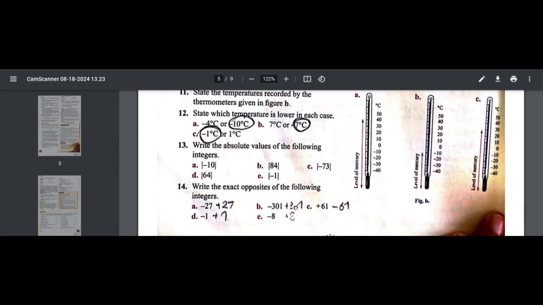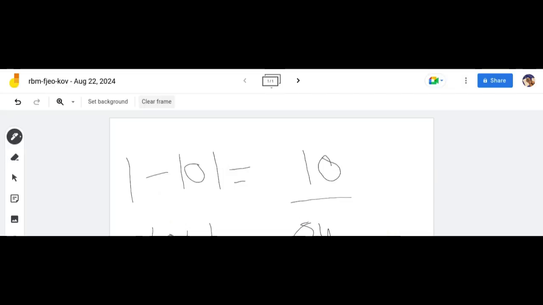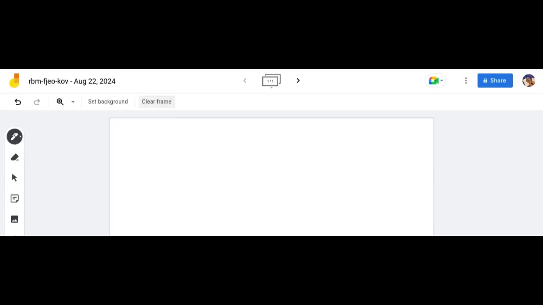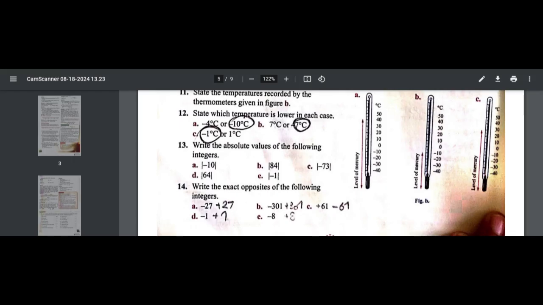Done, ma'am. Now, Aryan, can you do the question number 14? They've asked us to find the exact opposite. You don't have to look on your textbook. Close your textbook. Okay. Now we have to do the question number 14. You have to find the exact opposite of minus 27. What will be the exact opposite of minus 27?